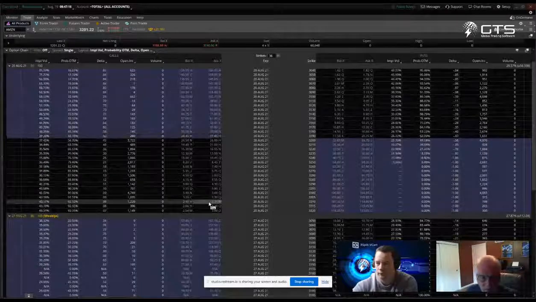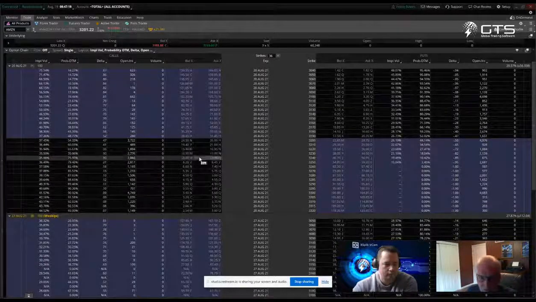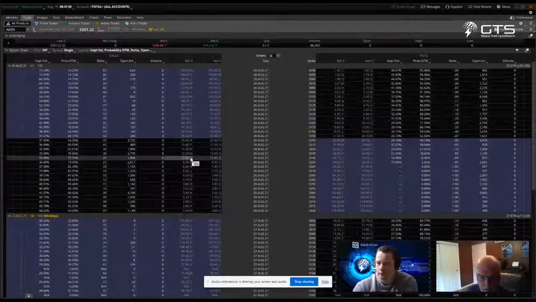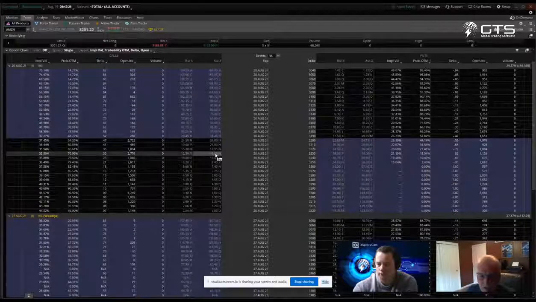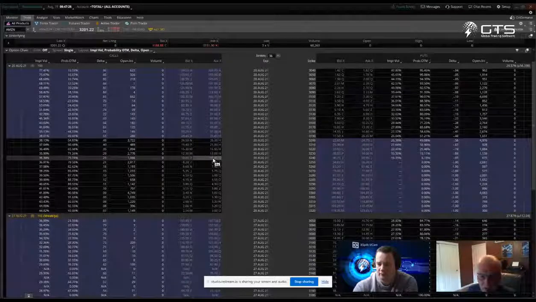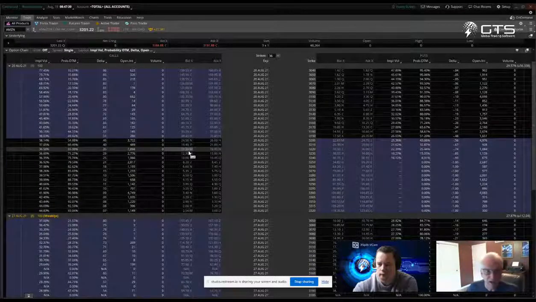I usually look for Amazon not to have a larger than 50-cent spread between the two. For example, this one has a 45-cent spread. I'll usually look for 50 to 70 cents and closer, but I'll get more into that. But that's why I trade Amazon.